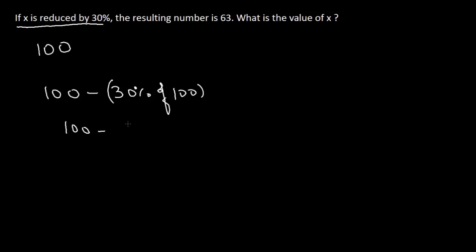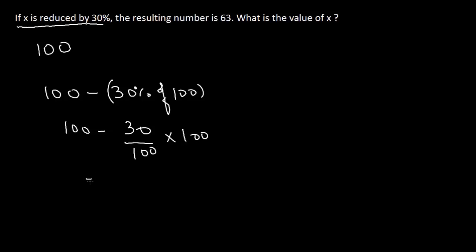So now if we assume the value of x to be equal to 100, reducing it by 30% will be equal to 100 minus 30% of 100. That is equal to 100 minus 30 by 100, because of the percentage sign, into 100.